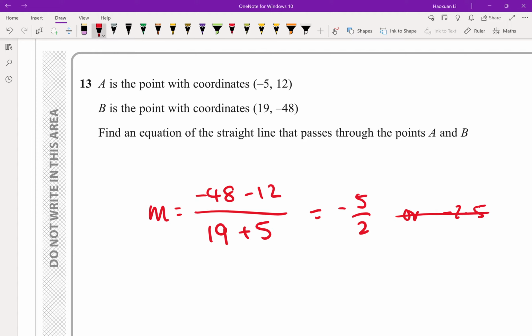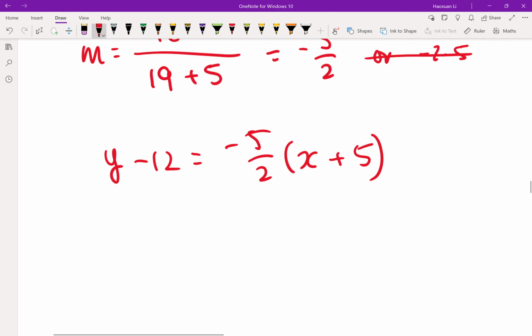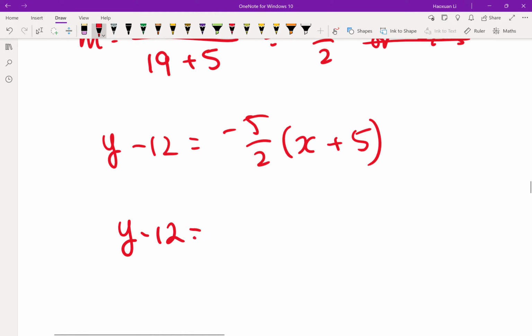But it doesn't matter. So y minus y1, I'll use the first one, equals m times x minus x1. So now you just have to expand the bracket on the right hand side.